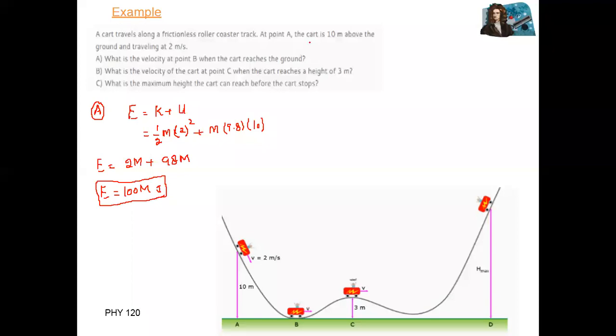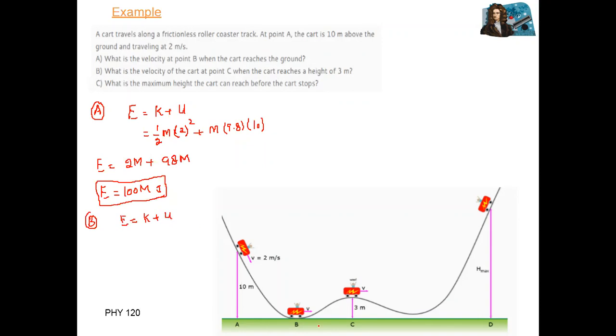Now, how we can find the speed at position B? So, at position B, let me write here. We know that total energy equal to kinetic energy plus potential energy.